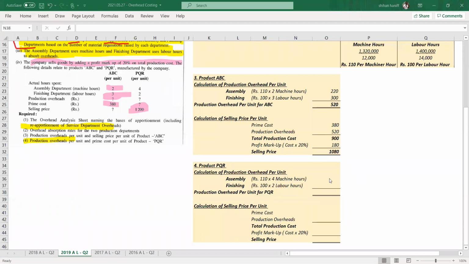Is that the answer? 110 into 4, 100 into 2. Tell me how much is the prime cost, and take 2 minutes.